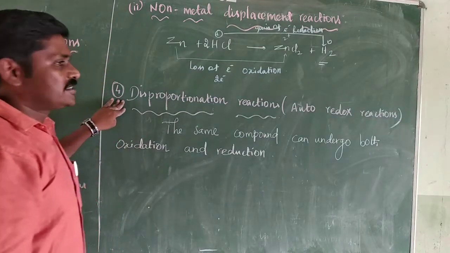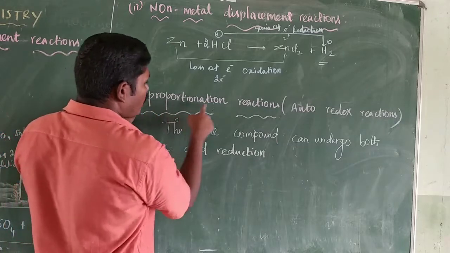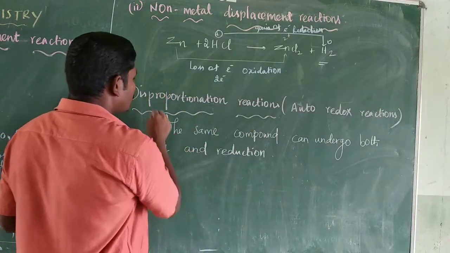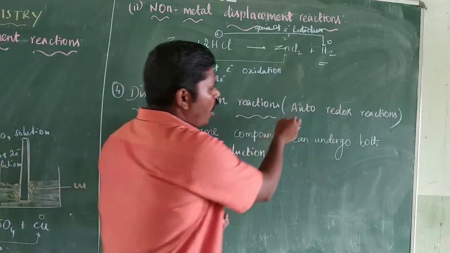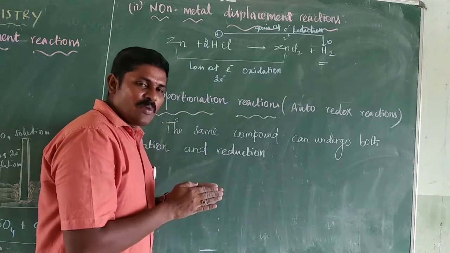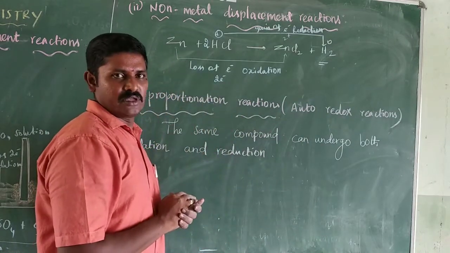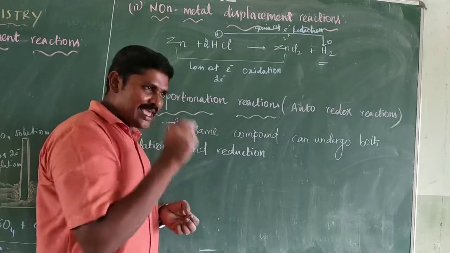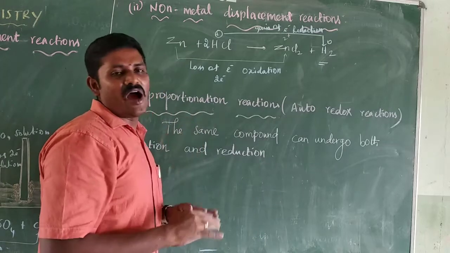The fourth one of the types of redox reactions is disproportionation reaction. Disproportionation reaction, also called auto redox reaction. The same element is involved in oxidation and reduction: the same element both decreases and increases its oxidation number.